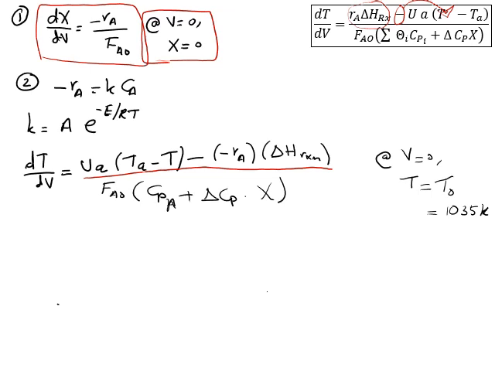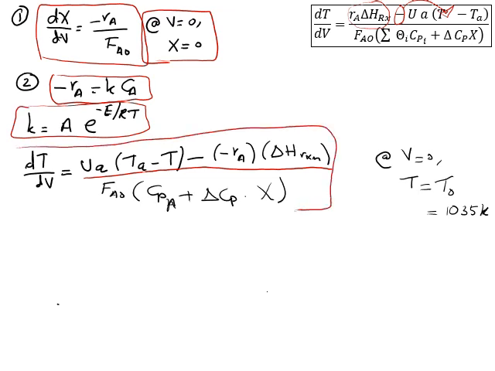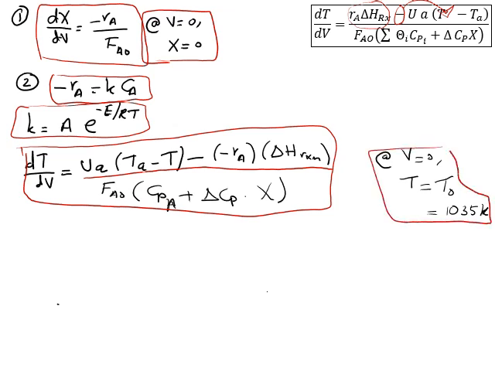Okay, let me frame all the equations that I'm going to plug into Polymath. That is this equation as well, and not finally, but the differential equation for T, which is dT by dV, as well as the initial condition.